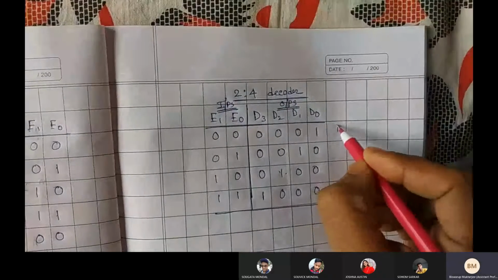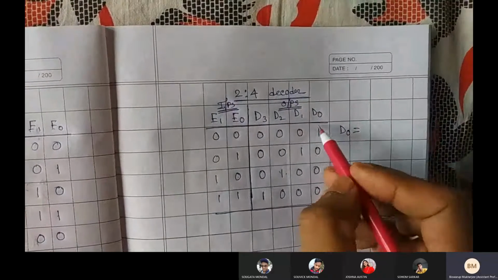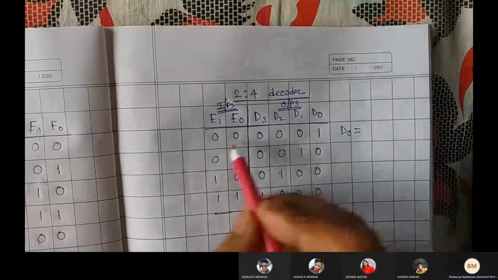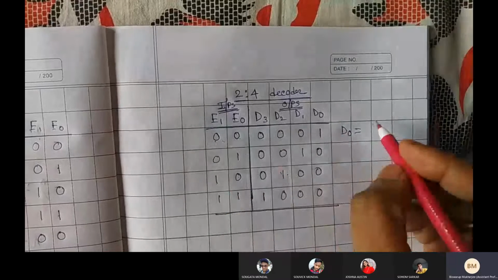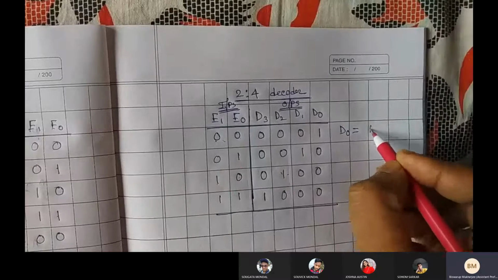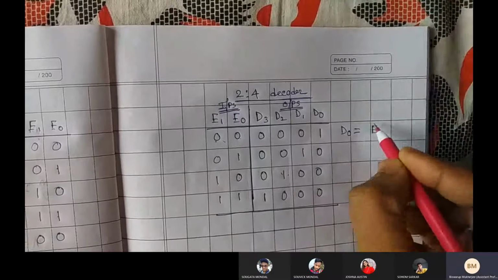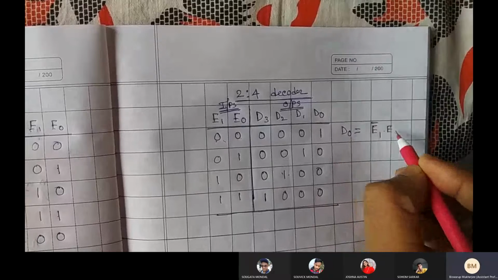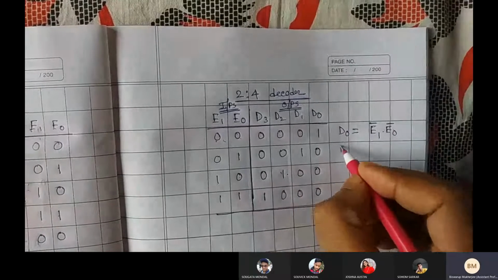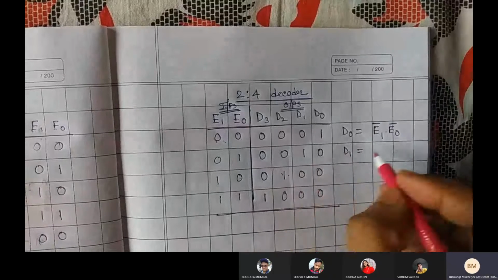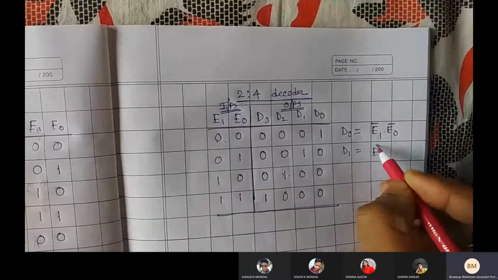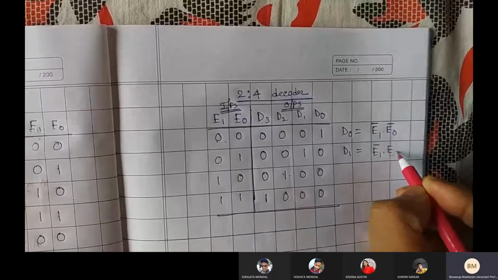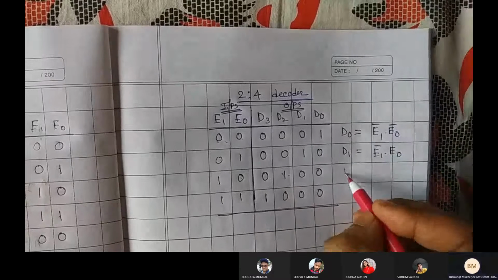Okay. So for output D0, D0 is only high when E1 and E0 both are 0. So that means D0 is equal to E1 bar dot E0 bar, right? Similarly, D1 is equal to E1 bar dot E0, right?